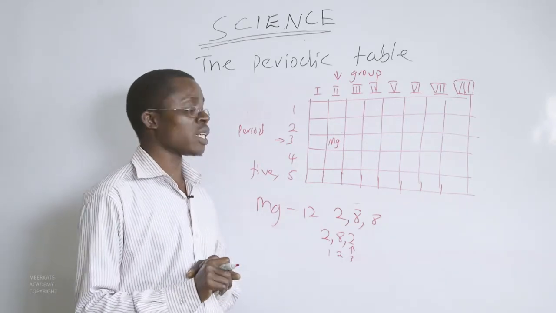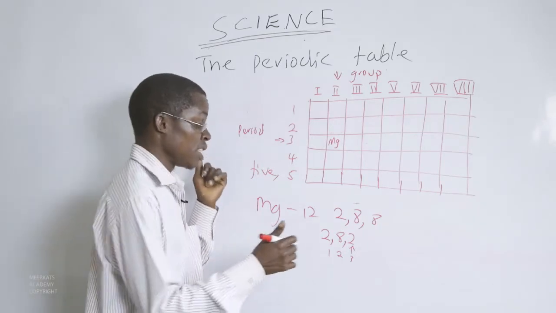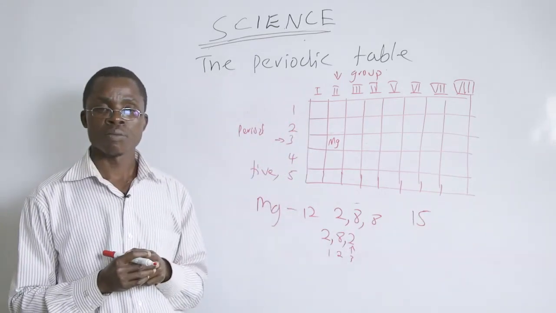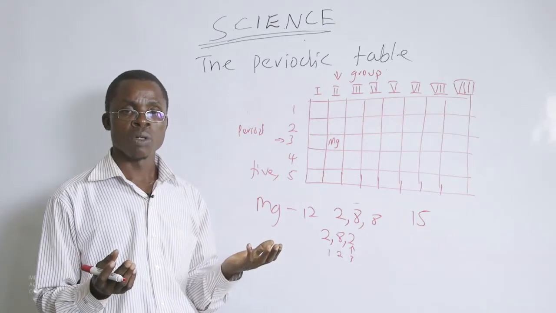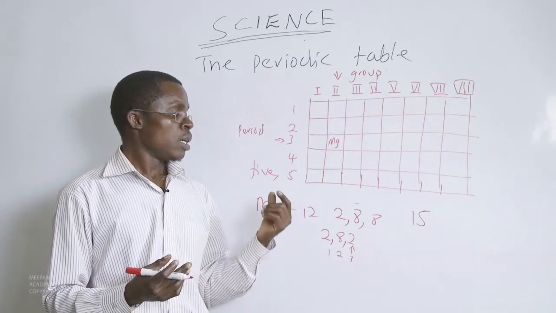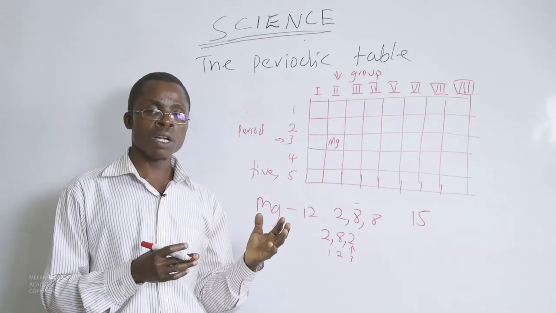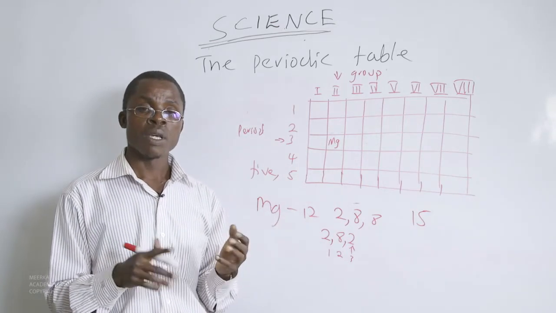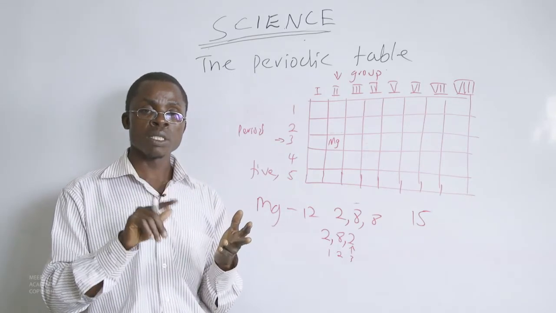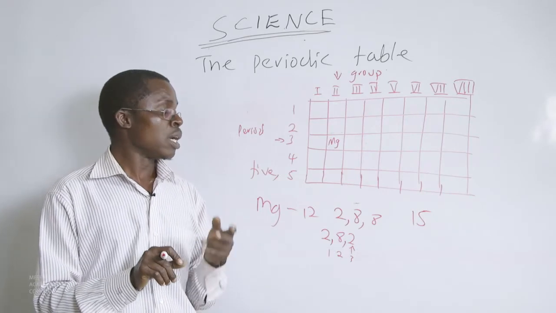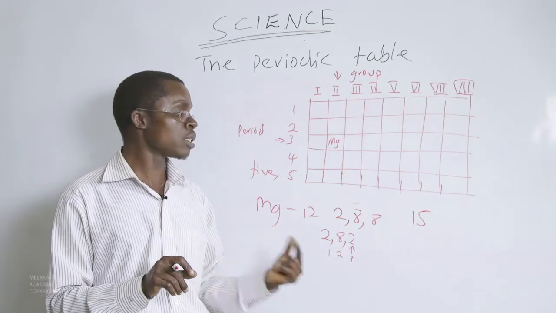Ask yourself, is there any relationship between atomic number and number of electrons? Yes, it is there. Atomic number is the same as number of protons, and number of protons is the same as number of electrons, and the number of electrons we are having here is 15.